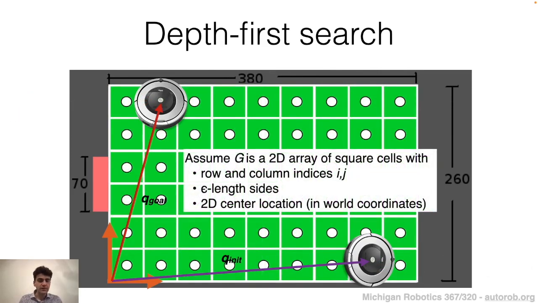With these initial and goal configurations, we can represent the space, this 2D soccer field, as a graph, which is a discrete array of cells. Each cell can be indexed by a row and a column. Each of the cells has some known epsilon length, and the 2D center location of each cell can then be mapped to a 2D position in the world coordinate frame, or in this global soccer field map.